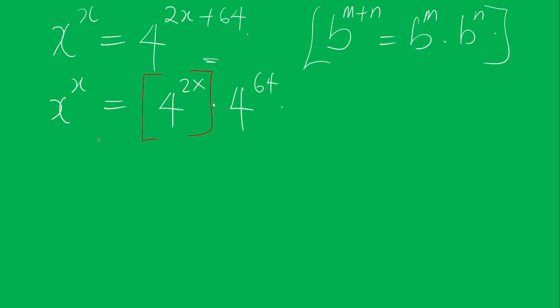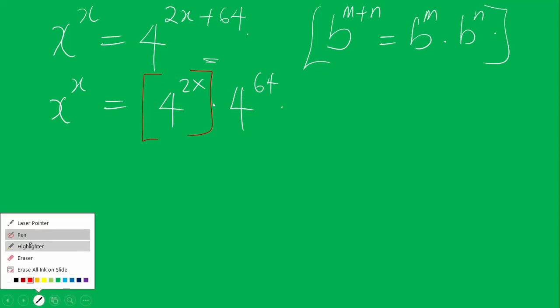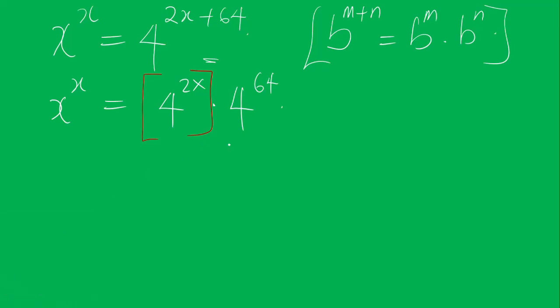So we're going to divide both sides by this expression that has the variable in it, 4 to the power of 2x. Now 4 to the power of 2x will cancel out 4 to the power of 2x. Now we are left with this expression.